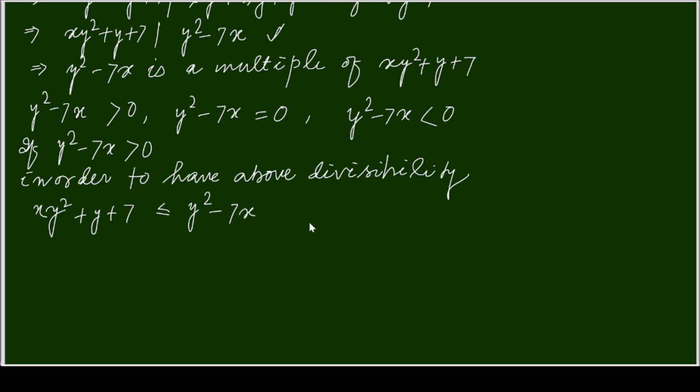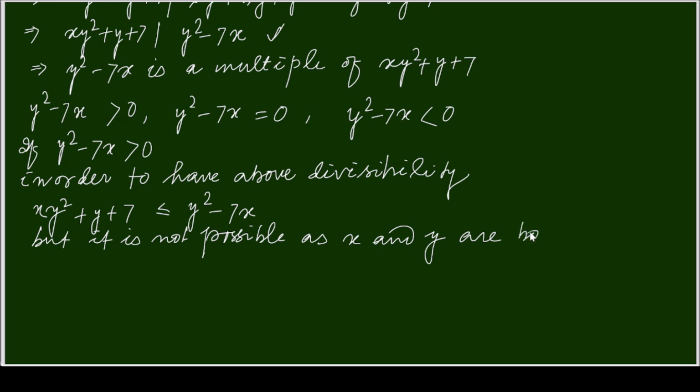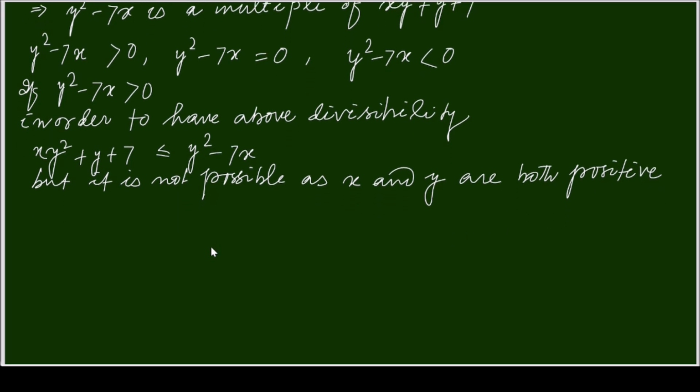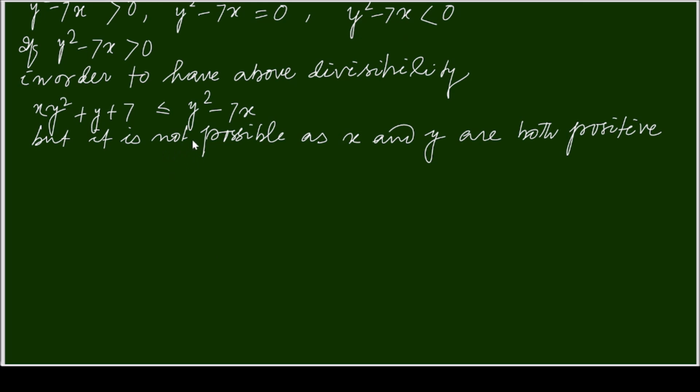But it is not possible. Why? As x and y are both positive, y square minus 7x cannot be greater than x y square plus y plus 7.